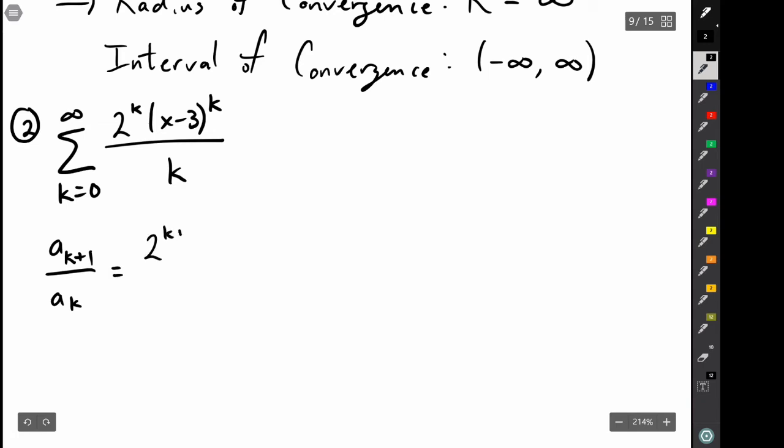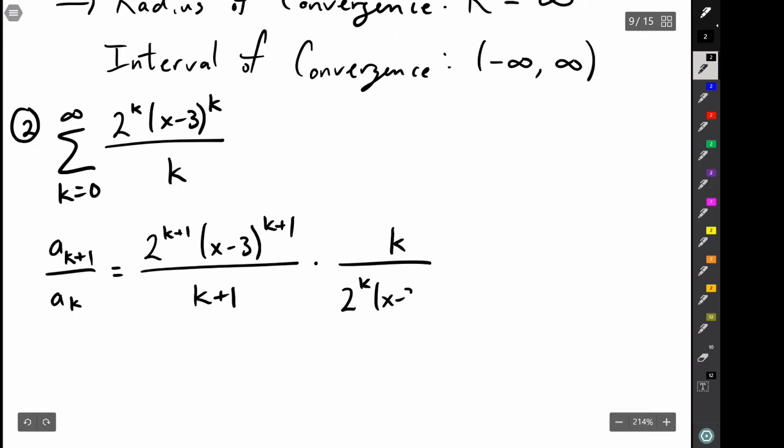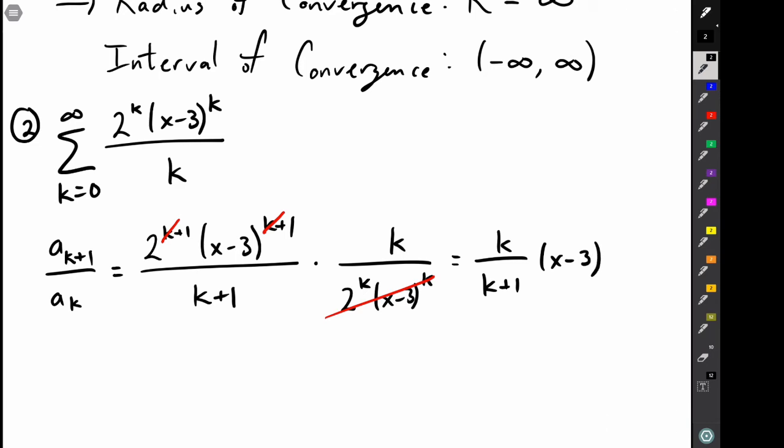This is 2 to the k plus 1, (x minus 3) to the k plus 1 over k plus 1, times k over 2 to the k, (x minus 3) to the k. Simplify what we can here: this stuff goes away and these k's go away. Let's write this as k over k plus 1 times (x minus 3). You'll see that'll make things a little bit nicer.